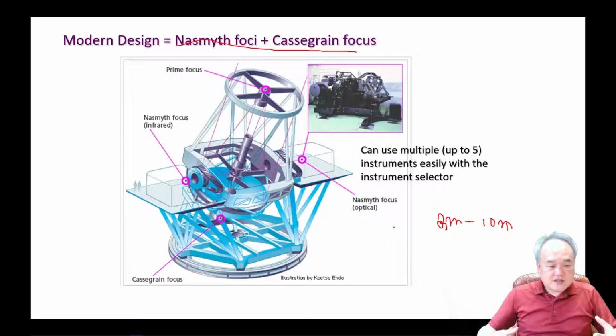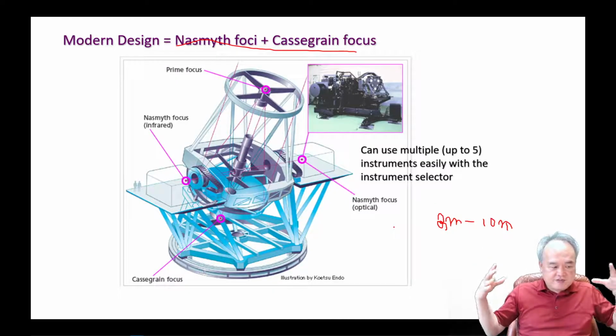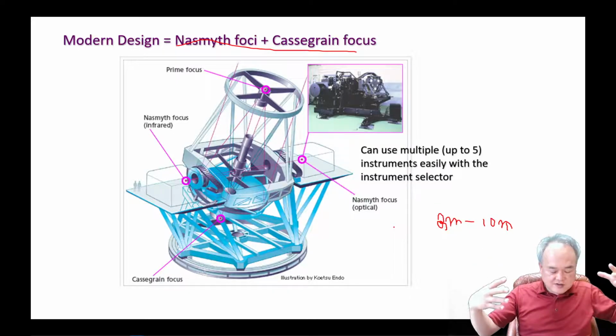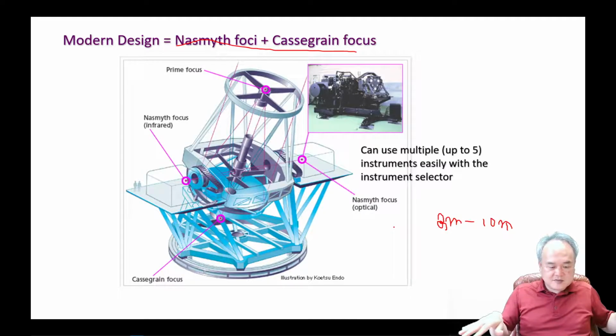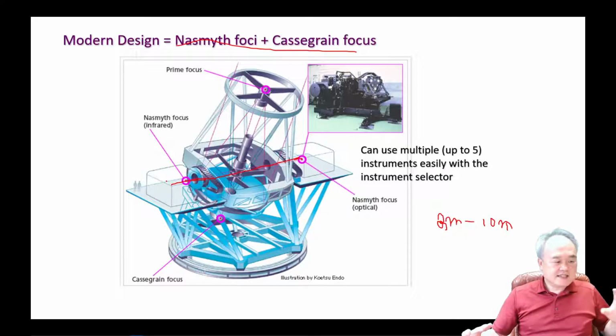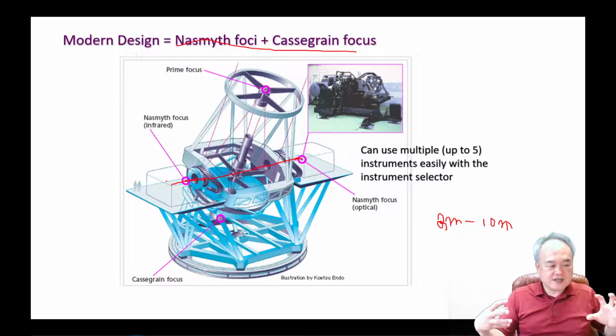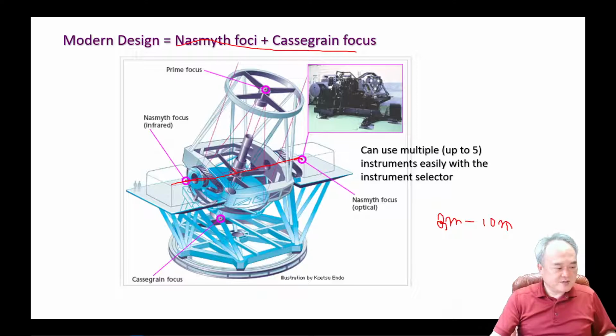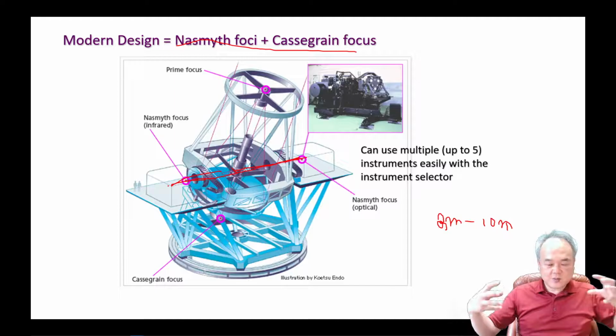Because 8 meter class or larger telescopes are really heavy, they are mounted on the alt-azimuth mounting system, and the support axis of the alt-azimuth, which is this axis, is used in a way that the primary mirror and then the tertiary mirror bring out the Nasmyth focus on either side of the supporting axis.